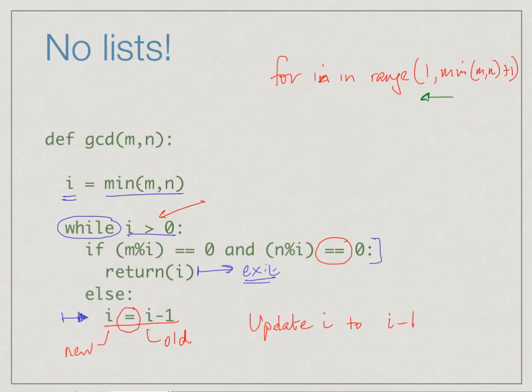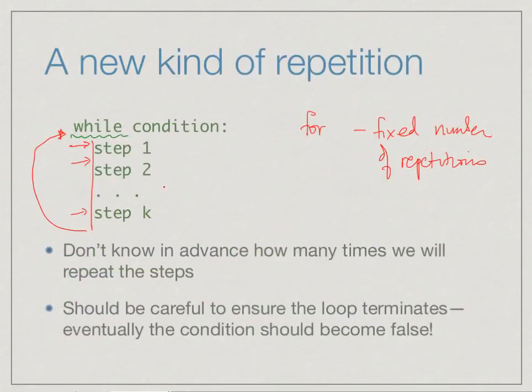And so since we start with some fixed value and we keep reducing I by 1, eventually we must reach 0. So in general, when you use a while loop, you must make sure that you're making progress towards terminating the loop. Otherwise, you have a dangerous kind of behavior called an infinite loop, where the computation just keeps going on and on without returning a value, and you have no idea whether it's just taking a very long time to compute the answer or whether it's never going to finish.